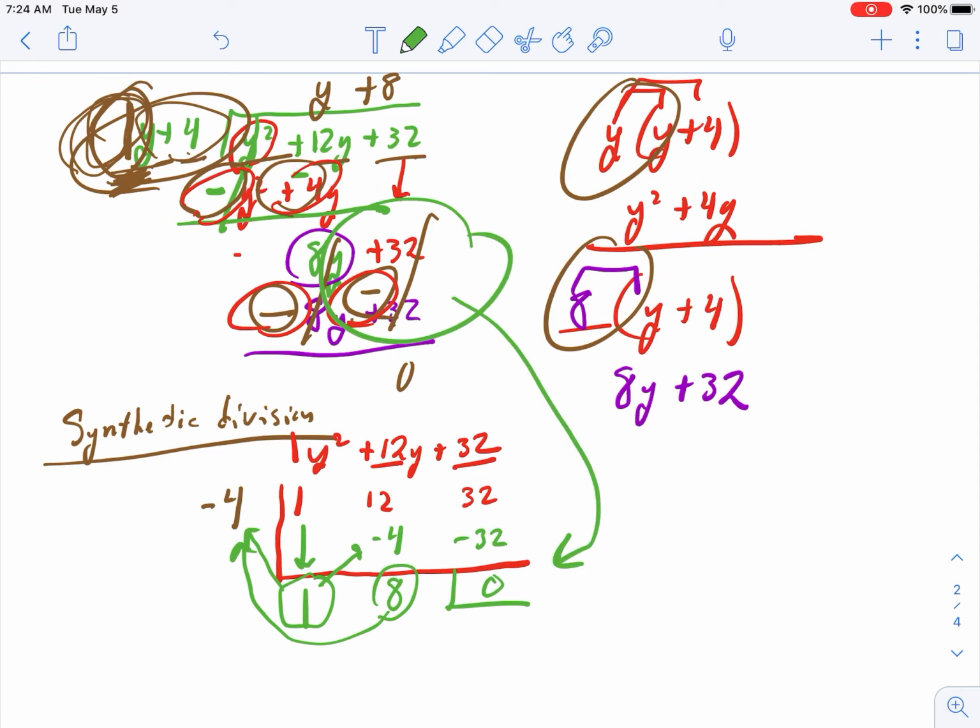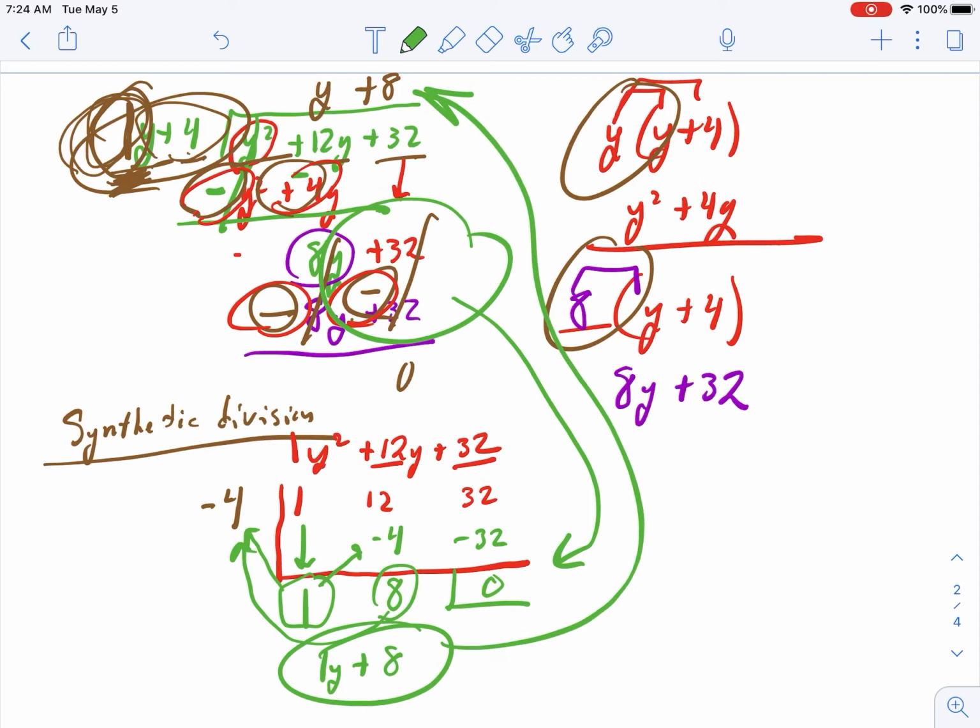And notice that's the same thing that happened right there. Basically when you divide out, you reduce the power by 1. So my answer will be 1y plus 8. And notice that's the same thing as what we got up there, but much faster because we're not looking at the variables like y's and y squares.